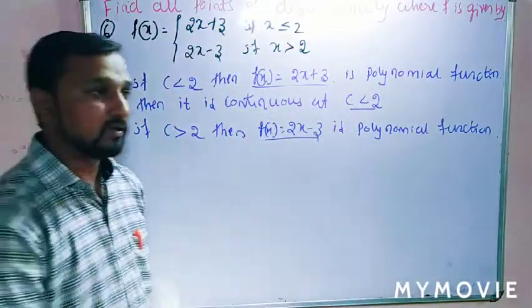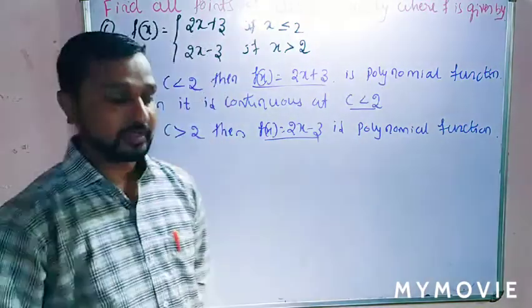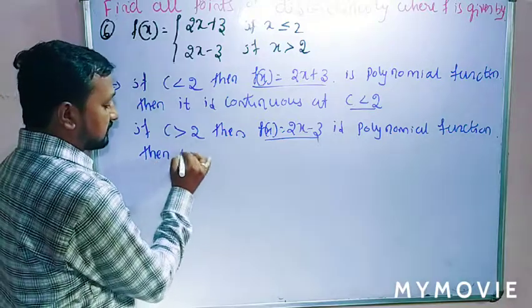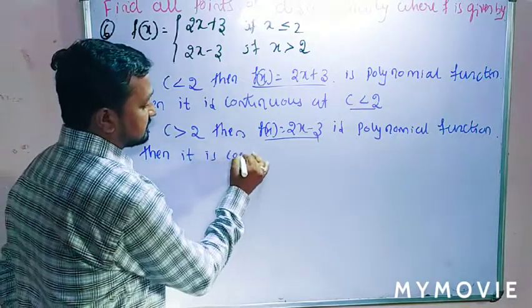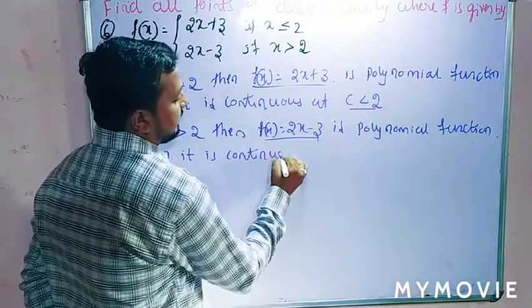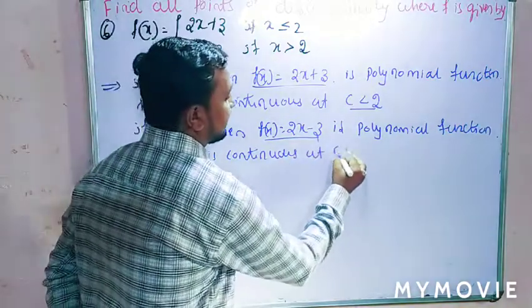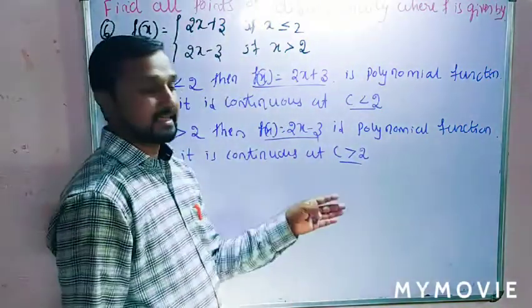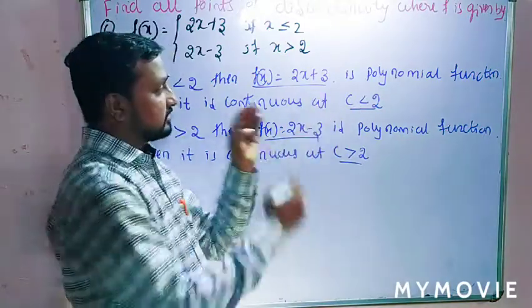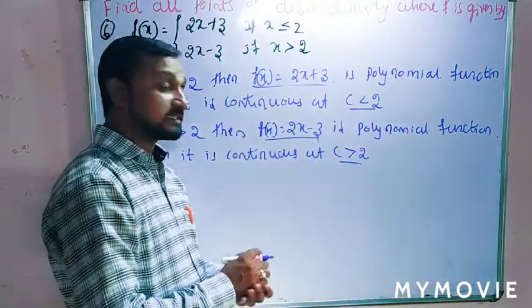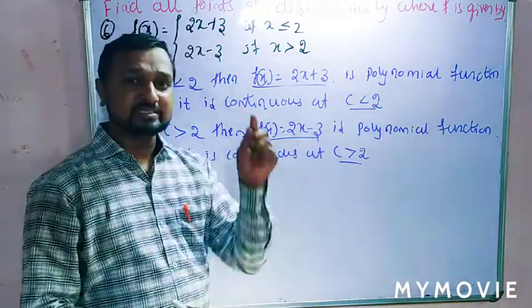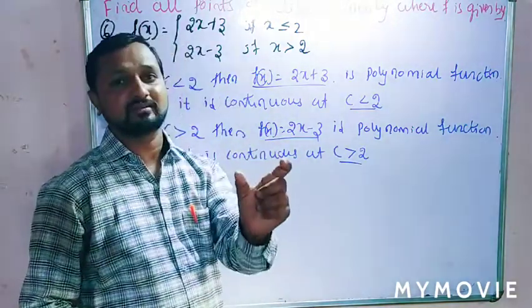Already we know that every polynomial function is continuous. Then it is continuous at every real number c greater than 2. So for the region less than the point and greater than the point, the function is obviously continuous. The function can be discontinuous at only one point.